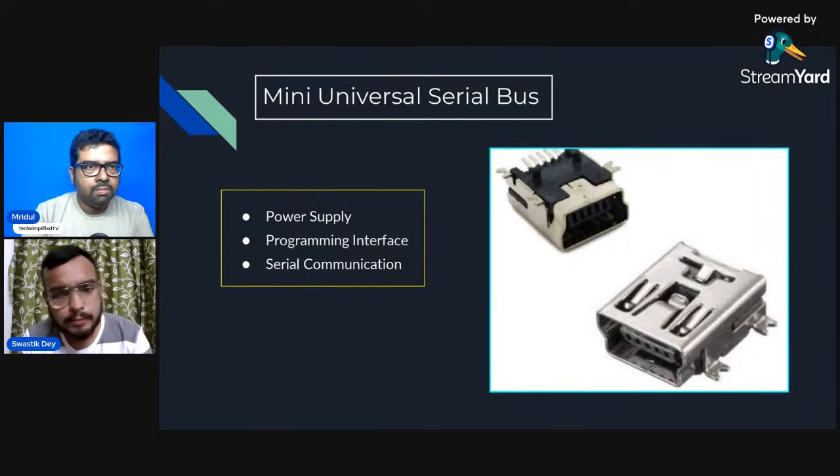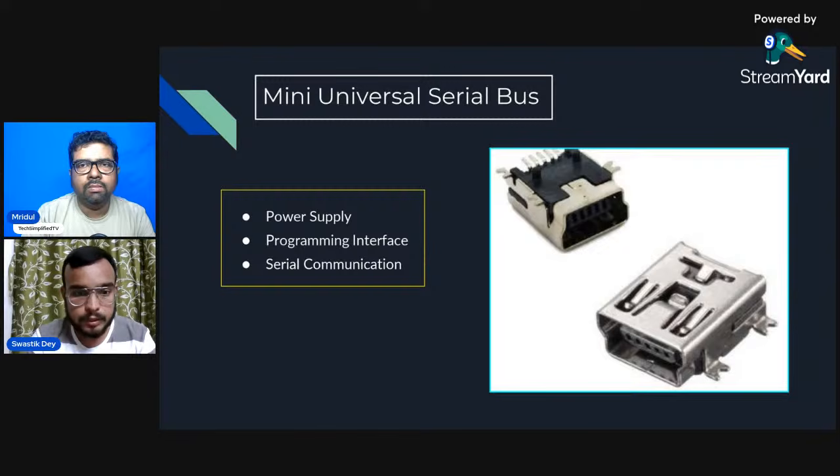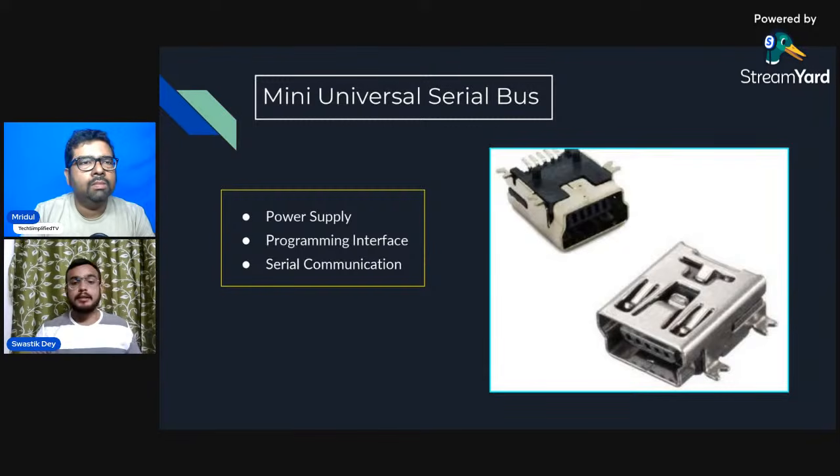This USB serial bus has 4 lines of communication, 2 for data and 2 for power and ground. We will see in the circuitry where these data lines are connected in a short while. And they offer us a programming interface, and they work in serial communication with the microcontroller. And there's nothing much about this.